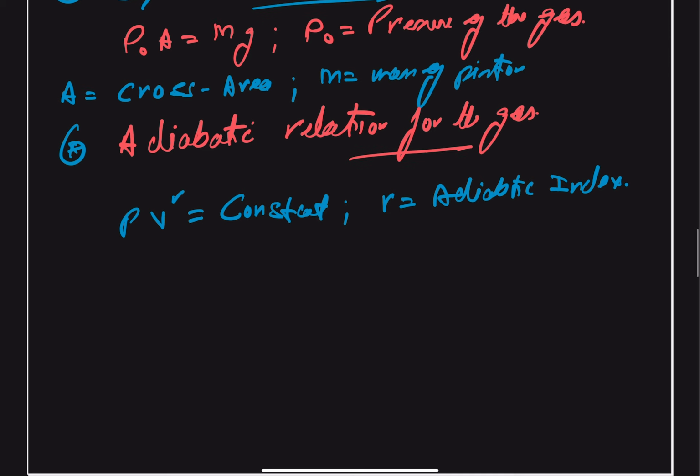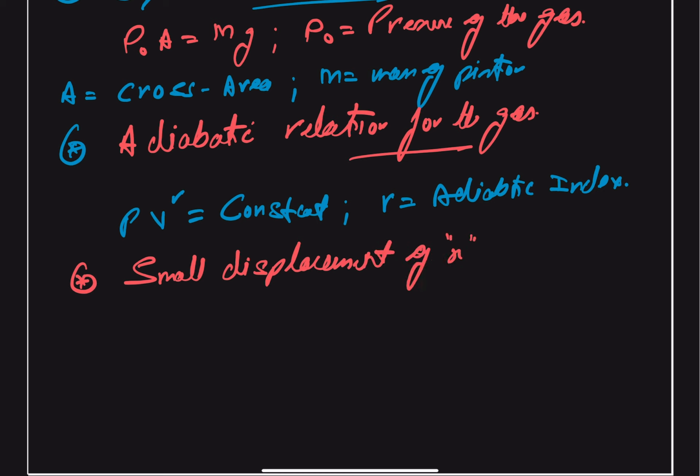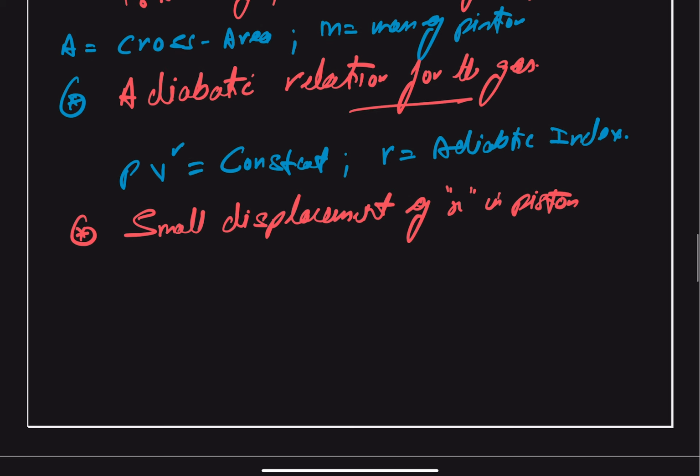Now we assume that there is a small displacement of x in the piston, and in this case we assume that the volume is changed from V naught to V naught plus Ax.